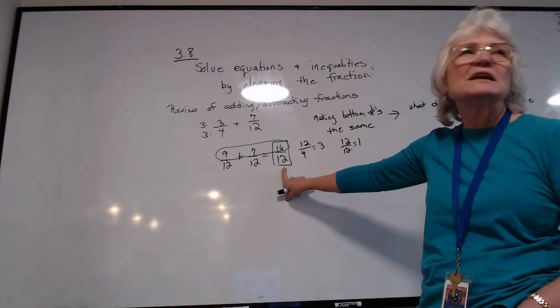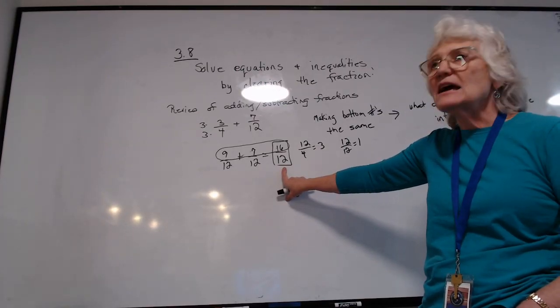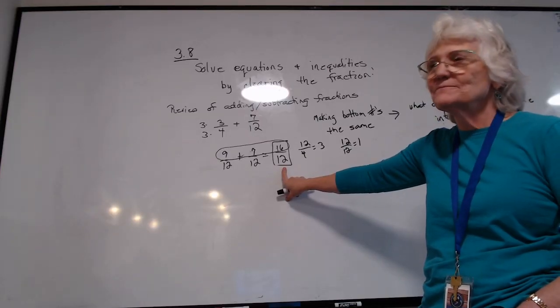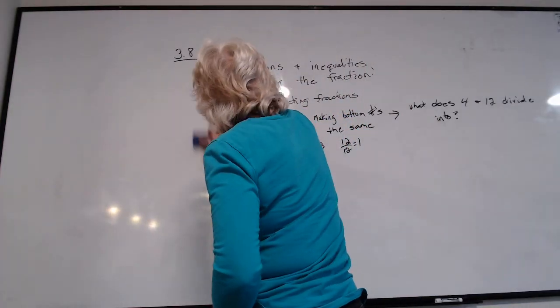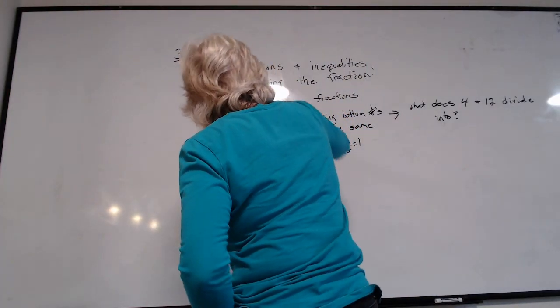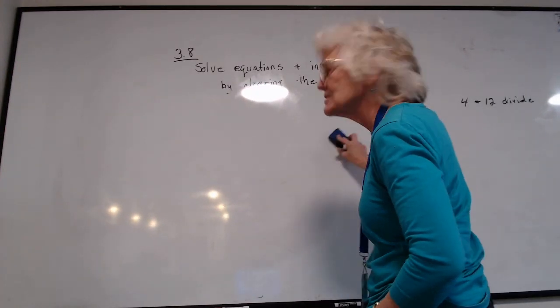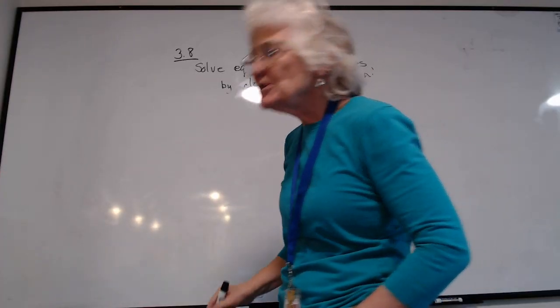Remember, you multiply each side of the equation by the same number, and it will still be equivalent. Okay, so let's see how we're going to use this, keeping the idea of common denominators, or making both numbers the same on the bottom.